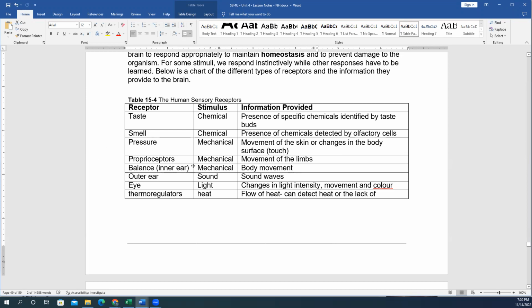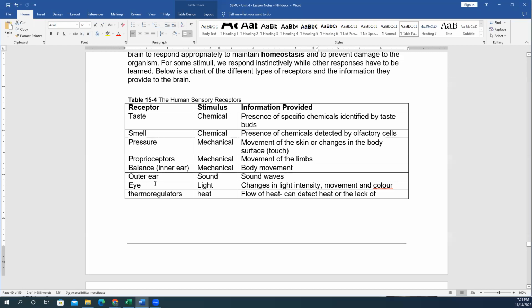There are proprioceptors. They will respond to a mechanical movement, for example, movement of the limbs. There are balance receptors inside our inner ear, which will respond to mechanical stimulus and body movement.